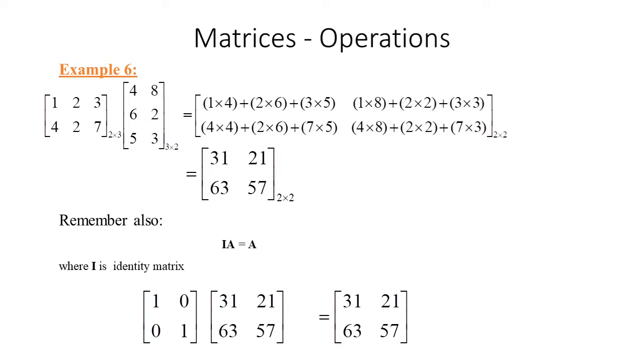A 2 cross 2 identity matrix is 1, 0, 0, 1, and a 2 cross 2 matrix 31, 21, 63, 57. If you multiply the two matrices by using the multiplication rule, we get the same matrix. So we need to remember this: when we multiply an identity matrix by any matrix, we will get the same matrix.